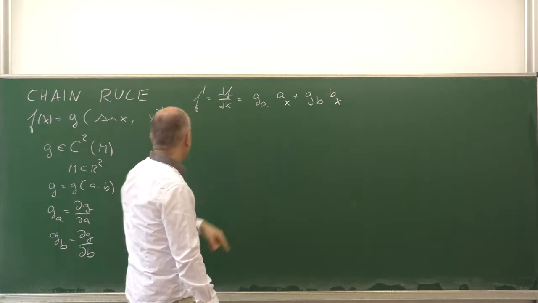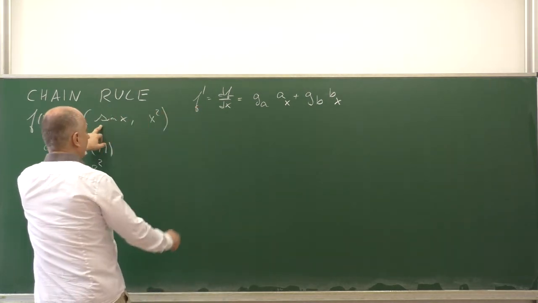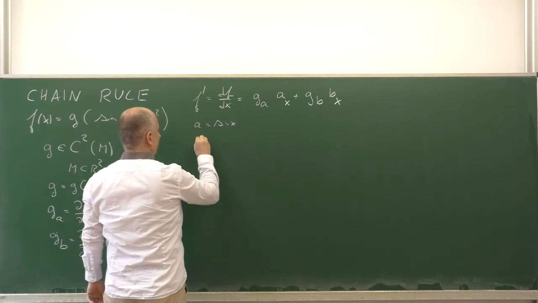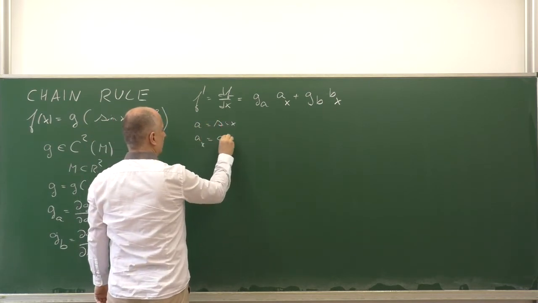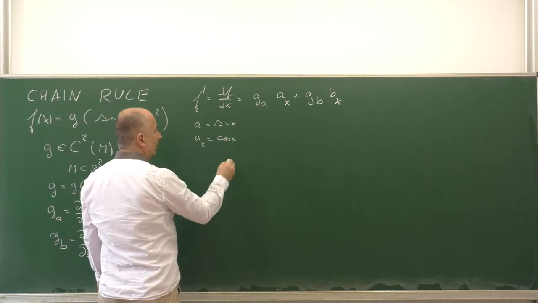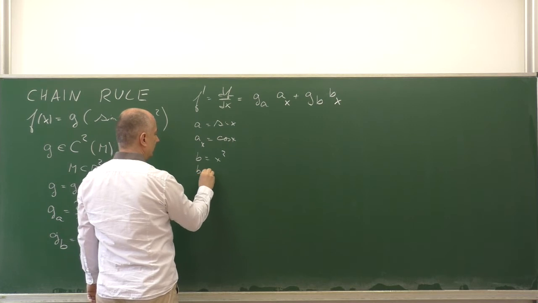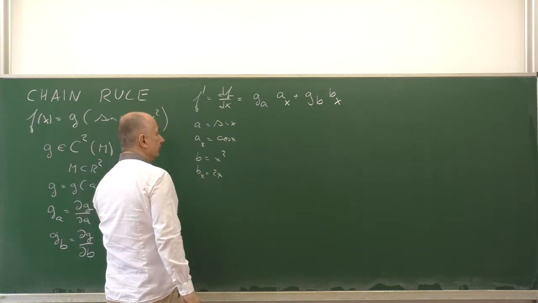But as we have a being sine of x, then the derivative is cosine. And as we have that b is x squared, then the derivative is 2x.